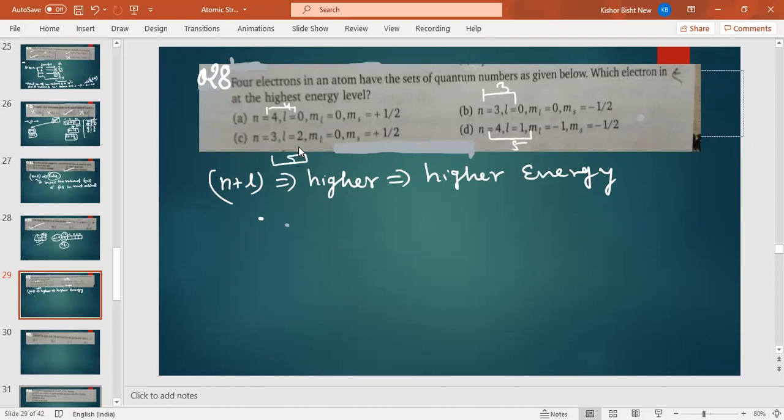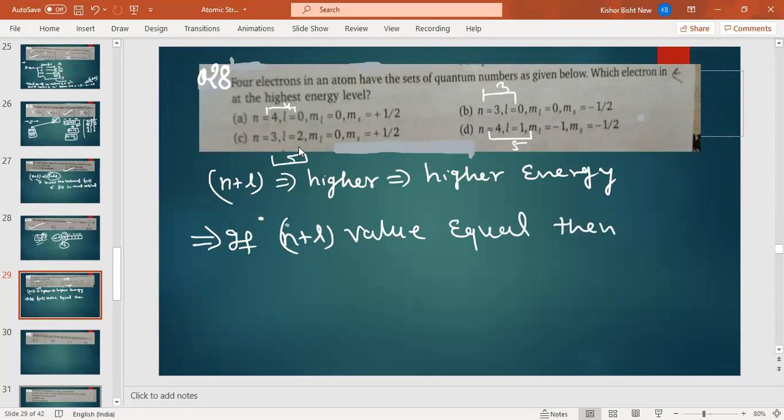If the n plus l value is equal, then what will happen? The n plus l value is equal. So this orbital is showing which one?